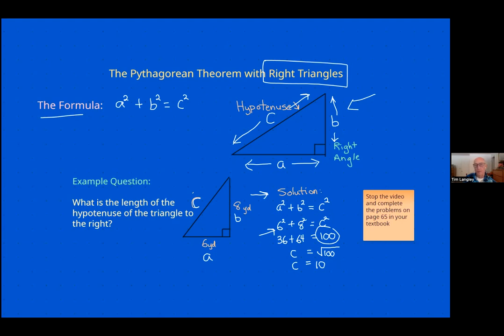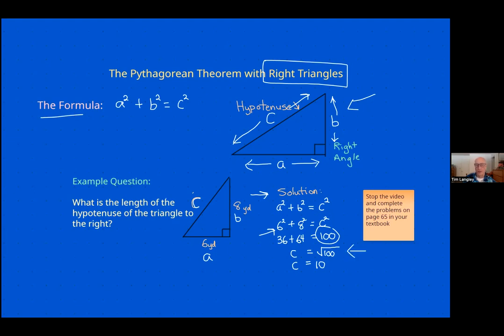C therefore equals the square root, because remember, we said that A squared plus B squared is C squared. So this 100 is C, whatever that length is, squared, so times itself. If we find the square root of it, C equals the square root of 100.